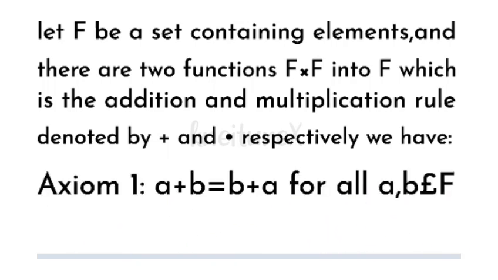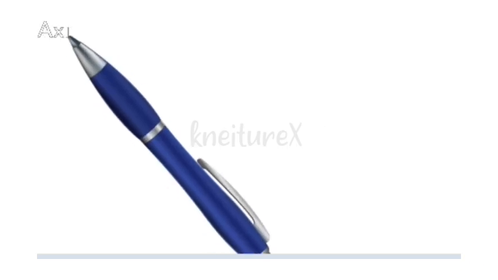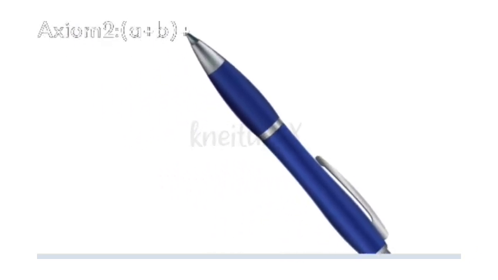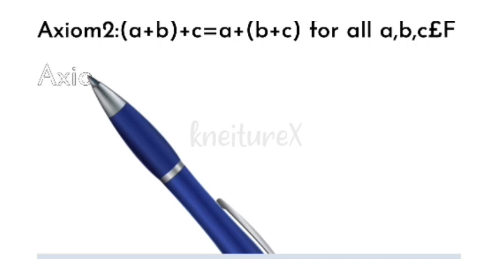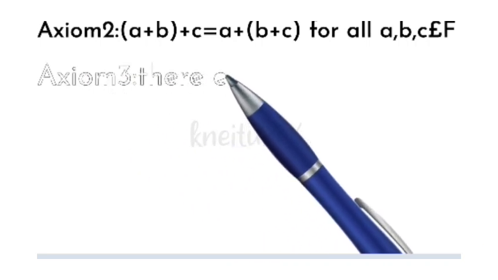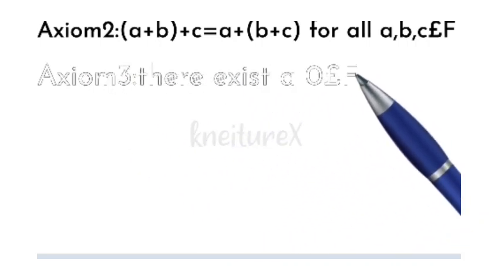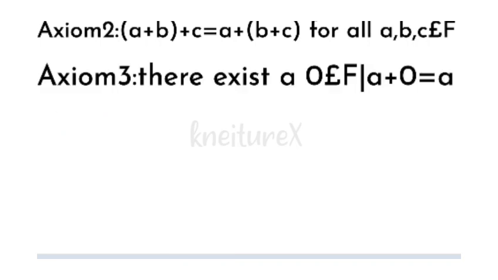That means for our action 1, which is our very first axiom, we'll be having commutativity, where we have A plus B is equal to B plus A, where A plus B is also in our field, since A and B are in our field. For axiom 2, we have (A plus B) plus C is equal to A plus (B plus C) for all A, B, C in our field. Now we go to axiom 3.